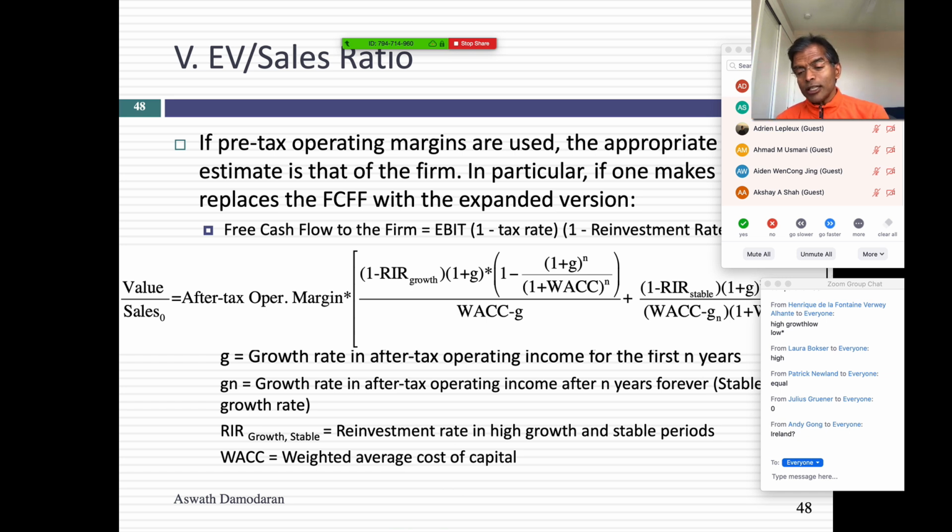And EV to sales, unlike the other multiples, you don't expect good companies to necessarily have high EV to sales and bad companies to have low EV to sales, because it depends on your business model. Let me explain. Walmart has a much lower EV to sales ratio than Bed Bath & Beyond. It should surprise you, right?